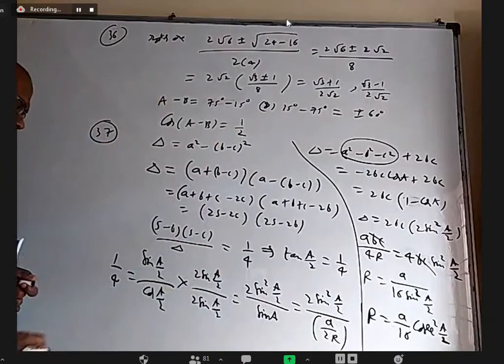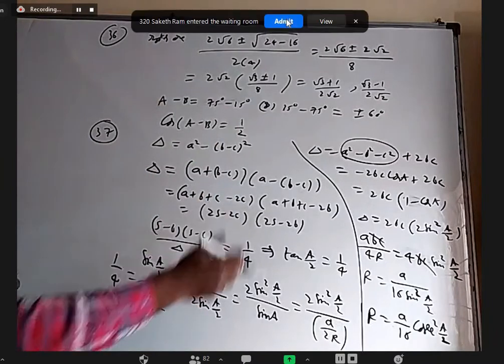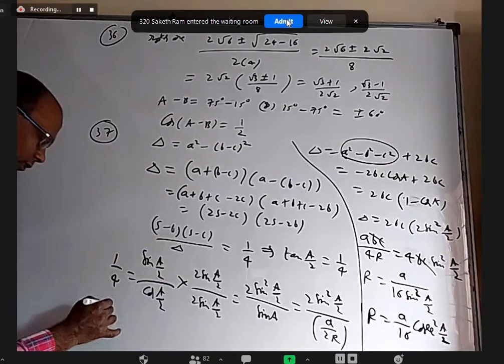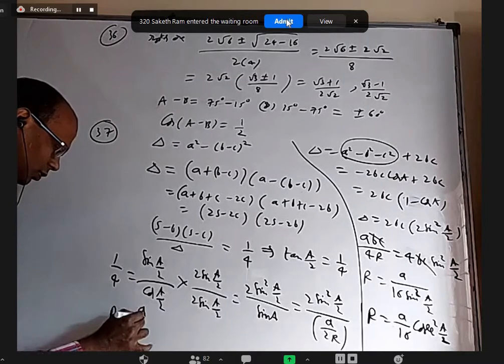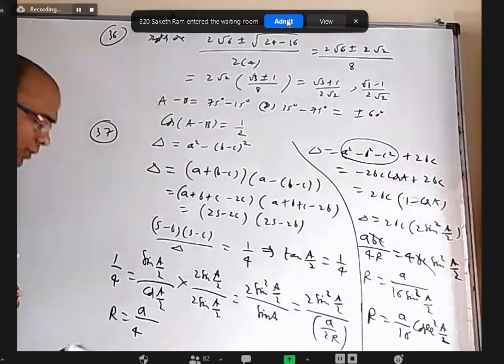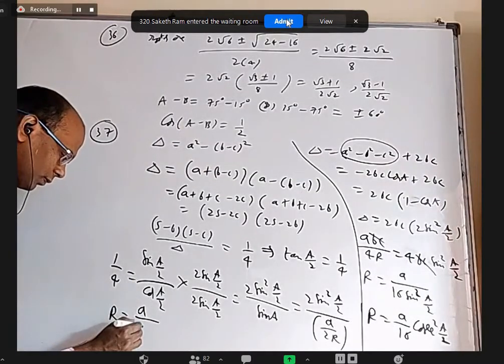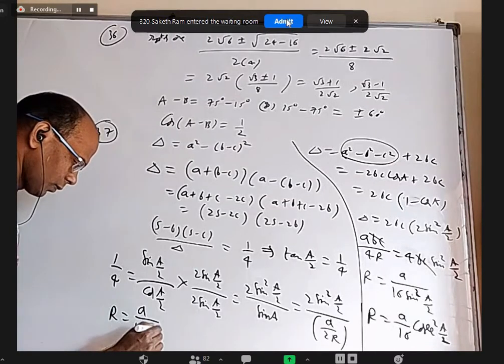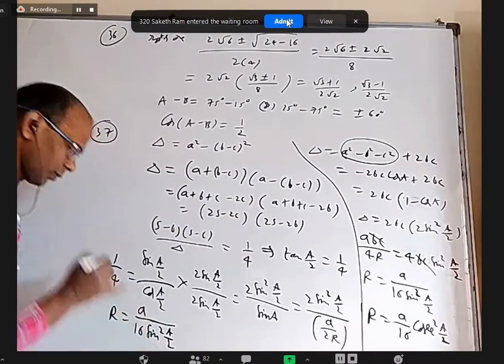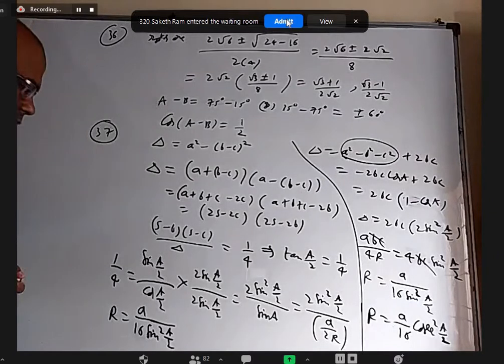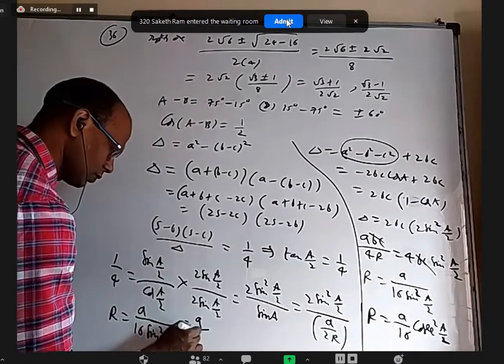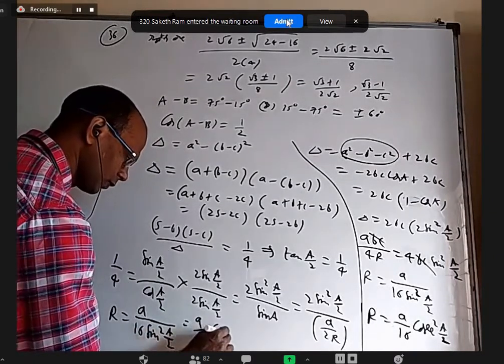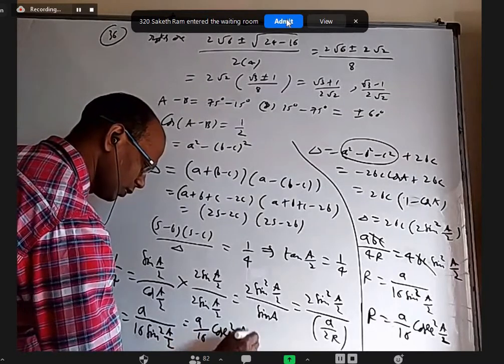Then we'll get the same thing again. R will go up and bring everything this side. We'll get R equal to a by 16 sine square A by 2, which is a by 16 cosecant square A by 2.